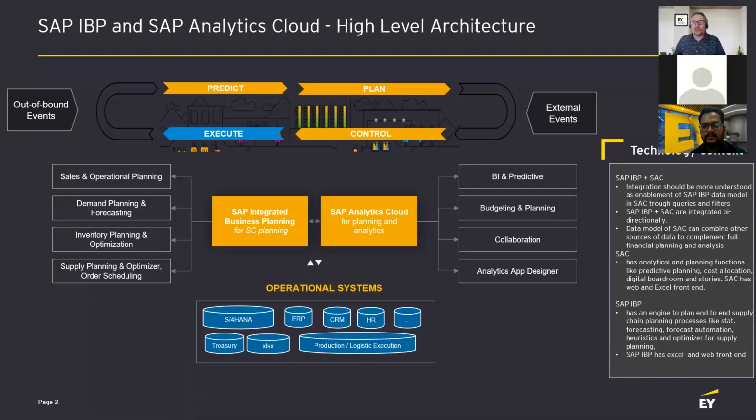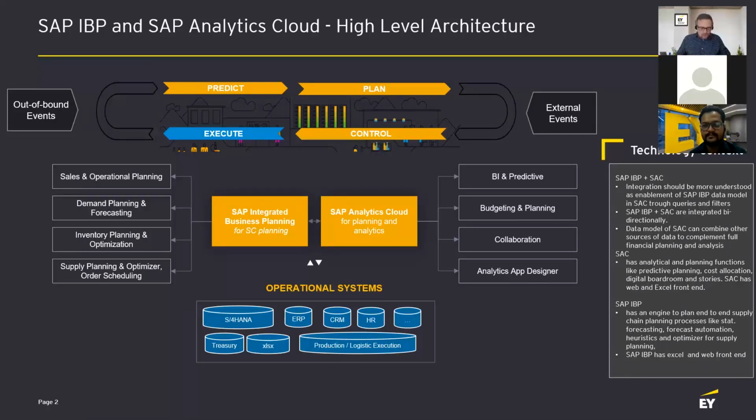So then we actually combined that together. And this difference in the levels is very important to recognize, because not every single cost element would be planned at the same granularity as in SAP IBP. That's our learning, I would say. Yes, correct. Okay, good.